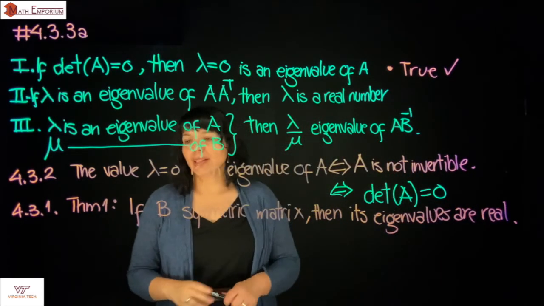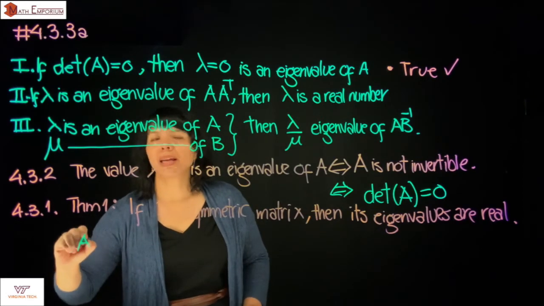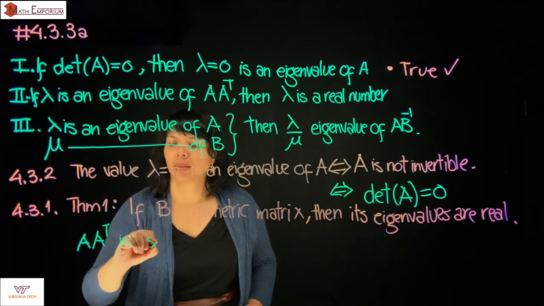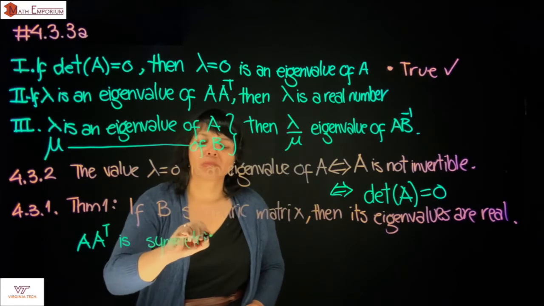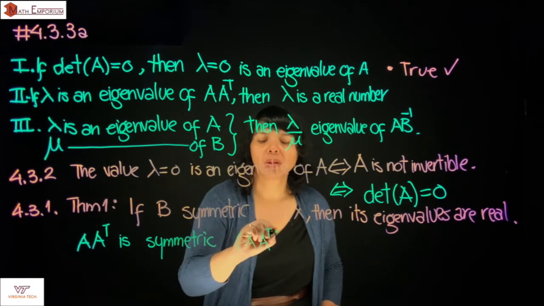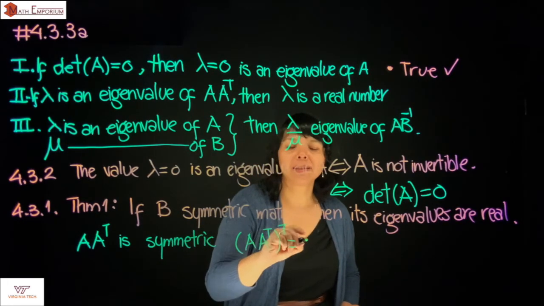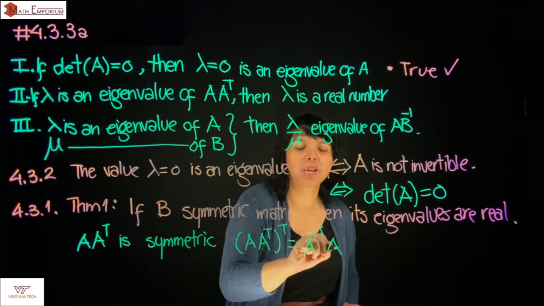And the other thing that you need to know, and we have seen this before, is that A times A transpose is symmetric. Why? Because if I do the transpose of A times A transpose, what you do is you flip the order, and this gives you A transpose transpose times A transpose.